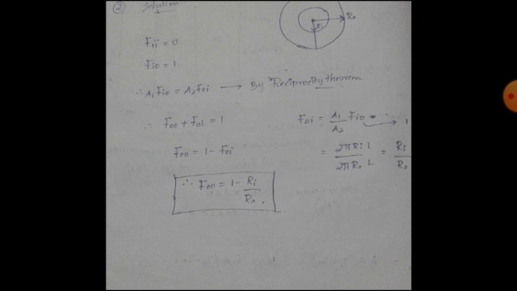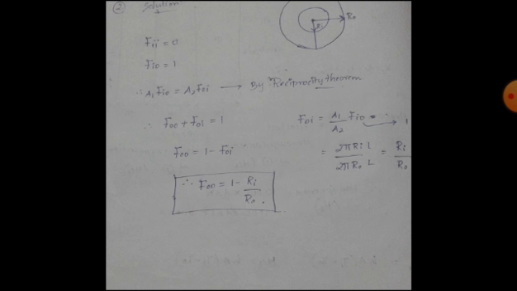The radiation emitted by the first surface will be in all directions. Out of that radiation emitted by the first surface, how much radiation reaches the neighboring surface? That is the shape factor.